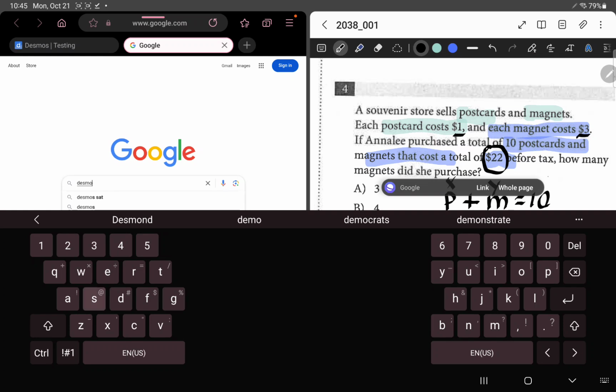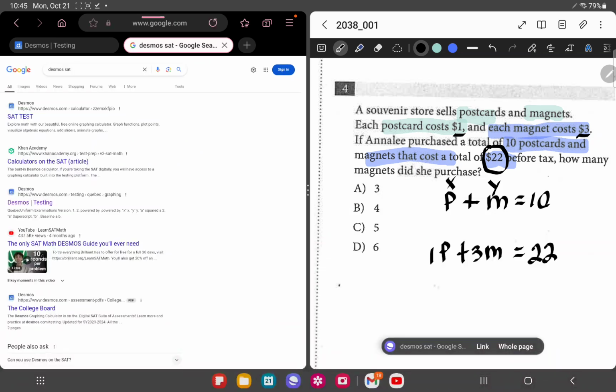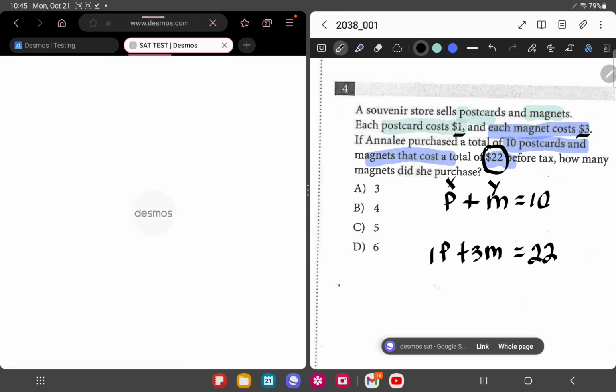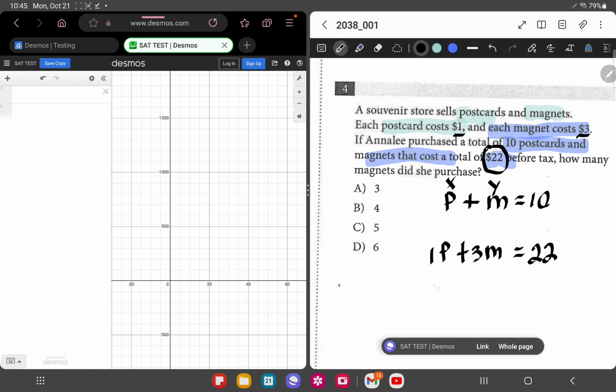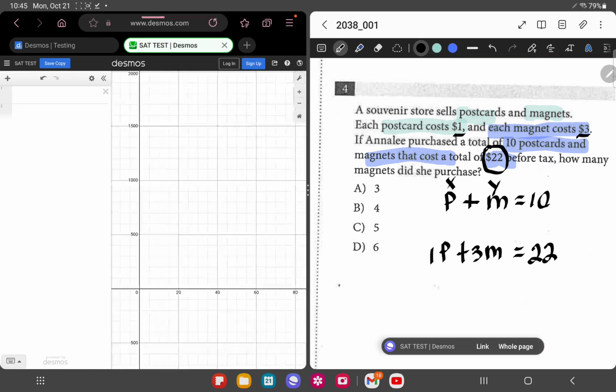Alright, and then space, right? SAT. Now let's do this again because I think I just picked the wrong one. Okay. That one should be the SAT one, hopefully. What the heck? Okay. Let's keep going back.